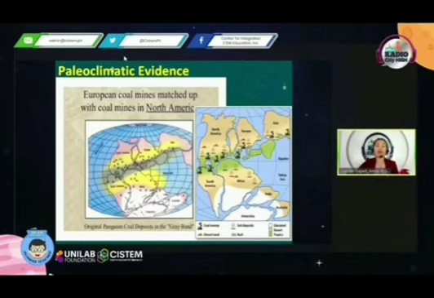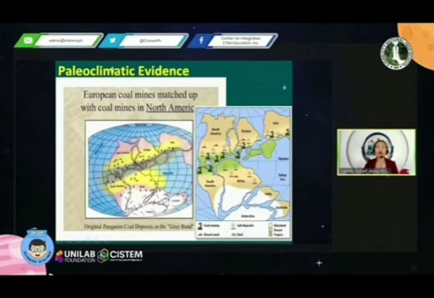Okay. So as you can see there in the picture, the European coal mines match up with coal mines in North Africa. You can see the coal beds that were found on different continents. There were coal beds found in South America, North America, Europe, Asia, and even in Antarctica.